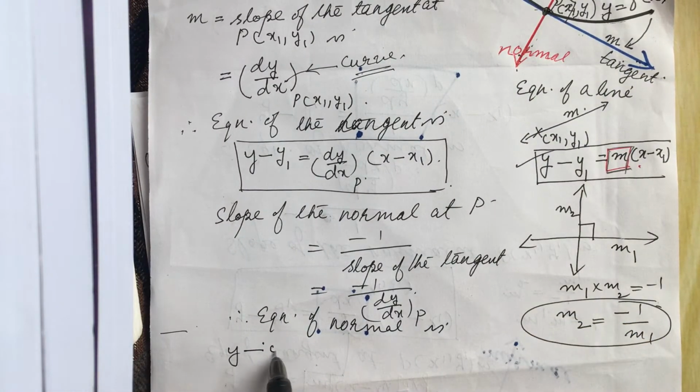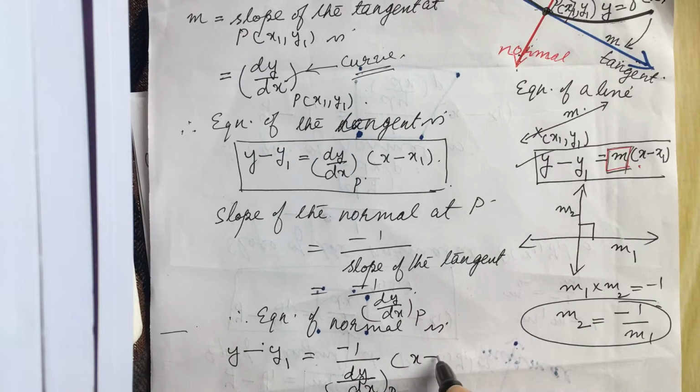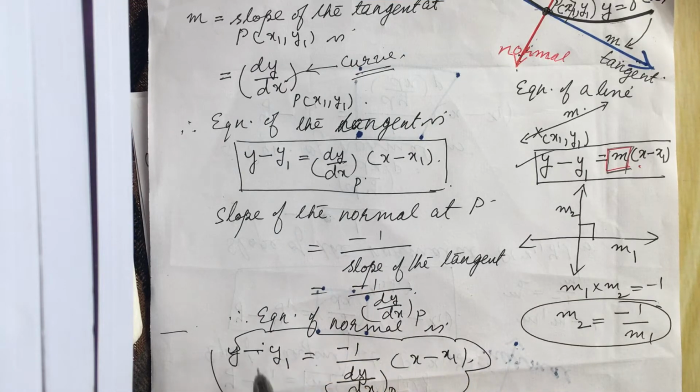So the equation is y minus y1 equal to, in place of slope we have minus 1 by dy by dx at P, into x minus x1. So this is the equation of the normal. Now we can go to the questions.